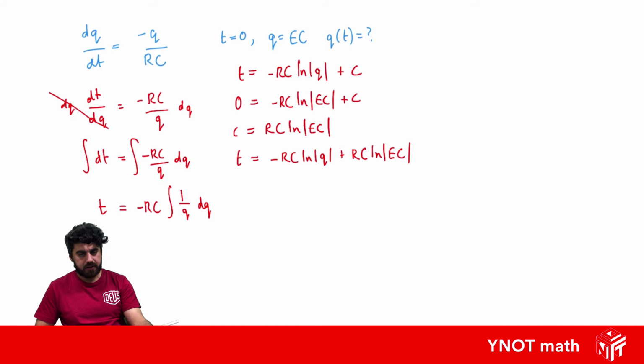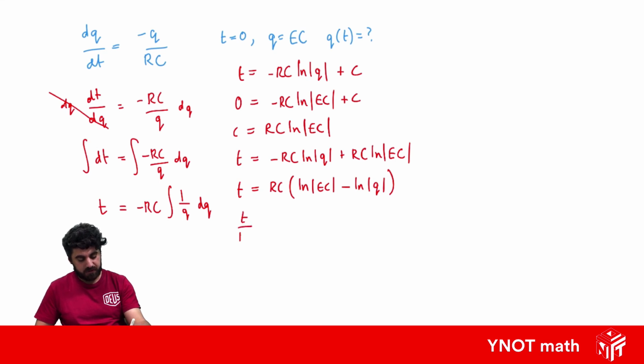Now we need to make q the subject. So let's factorize out the RC and just change up the order. So I'll write ln of the absolute value of EC minus the ln of the absolute value of q. Let's divide both sides by RC.